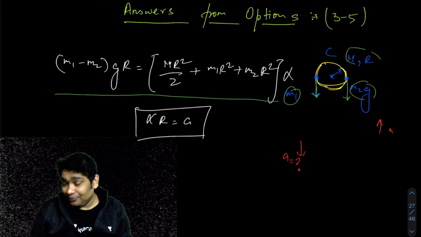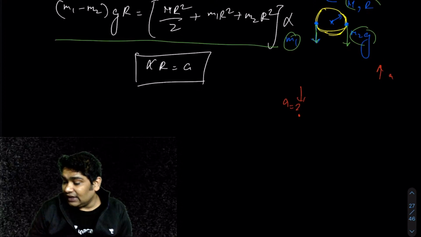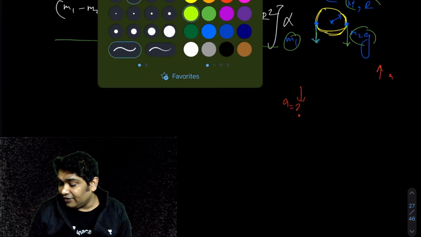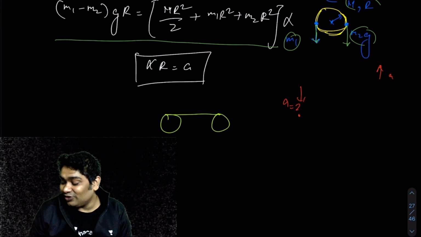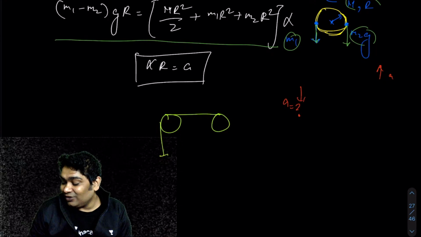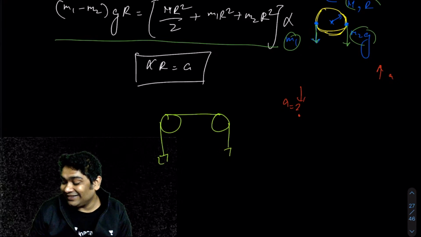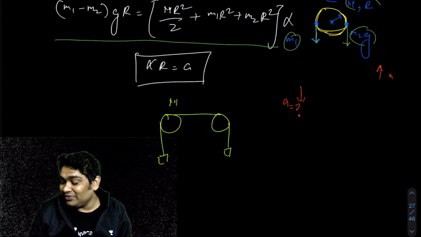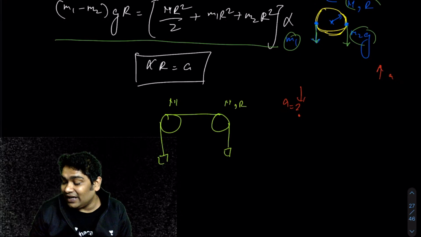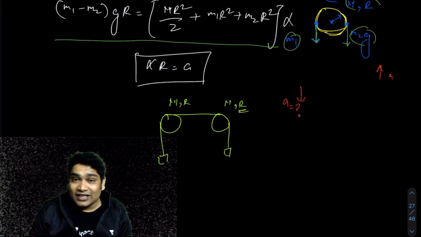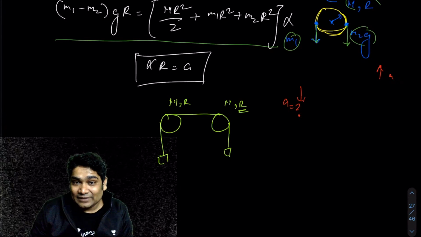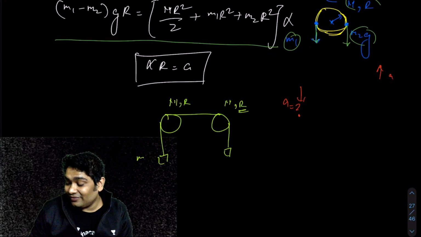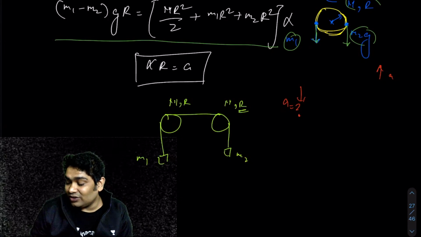But then if you have such a question where you have two pulleys, there was another question of two pulleys. Here also you can apply this, by the way, as long as the pulleys have the same radii. I think this was also a question in HCV.